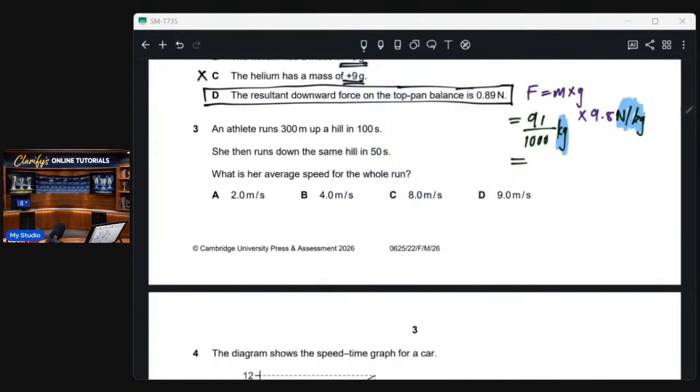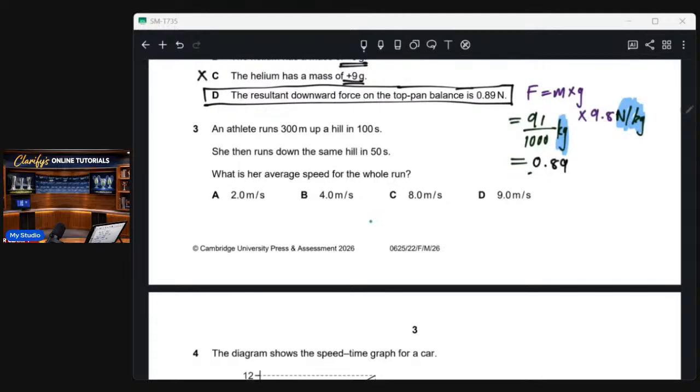So here, what is 91 divided by 1000? Then times 9.8. What do you get? Can I see answers in the chat, please? 0.89.